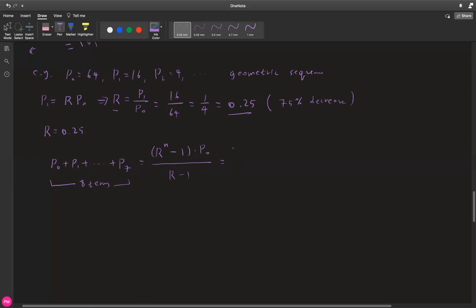So r is 0.25 to the power of n, where n is the number of terms. So there are 8 terms. Minus 1. And you're multiplying it by the initial population, which in this case is 64, and divided by r minus 1. So 0.25 minus 1.